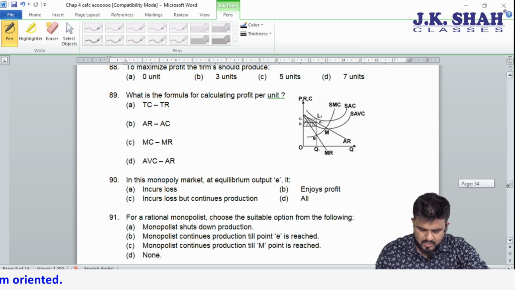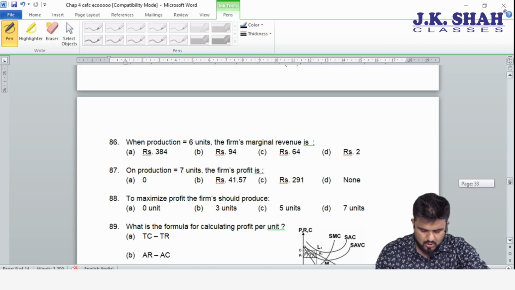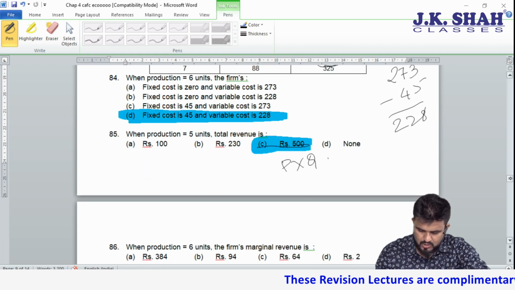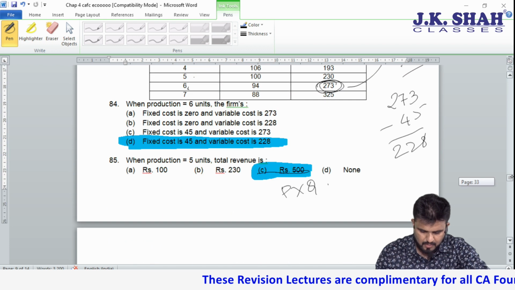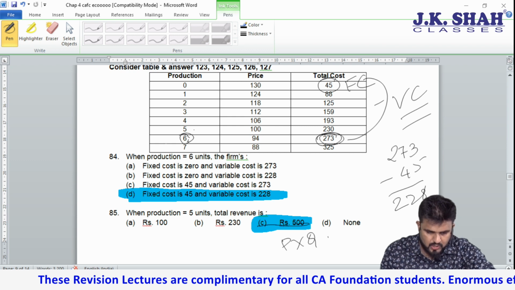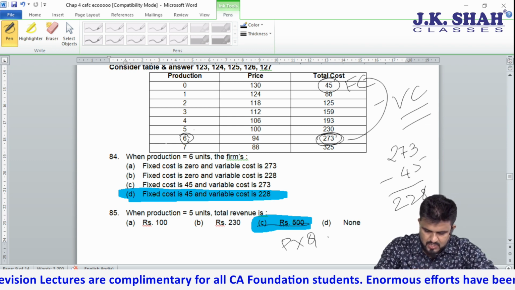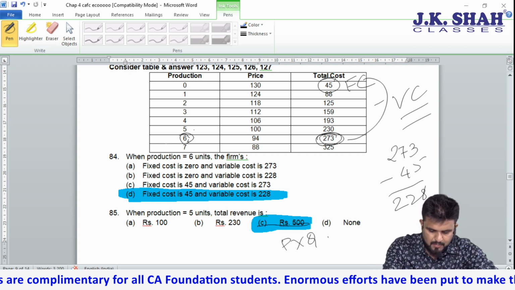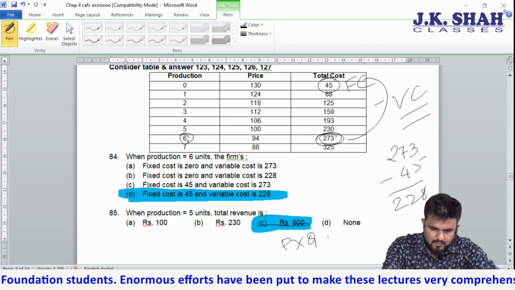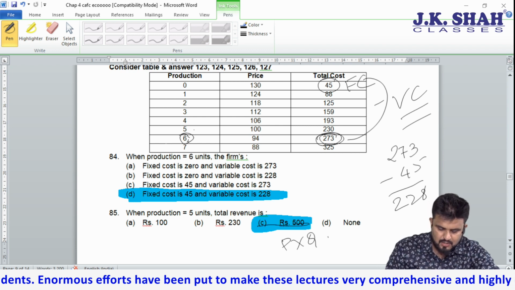So let me check. Marginal revenue 6th unit they are asking. So this is your 6th unit. 273 minus 230 divided by 6.